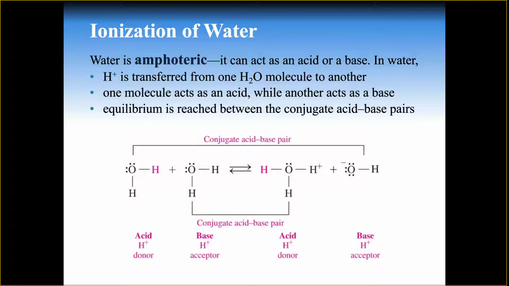It's not just a stable molecule that always stays H2O. Sometimes it's H3O plus, sometimes it's OH minus, and they're constantly throwing these protons back and forth at each other, okay? And how much acid, or how much hydrogen plus, stays in the water, that's how acidic it is. So amphoteric just means that it can be an acid or a base, and water is amphoteric.